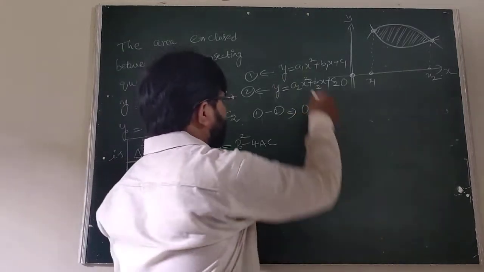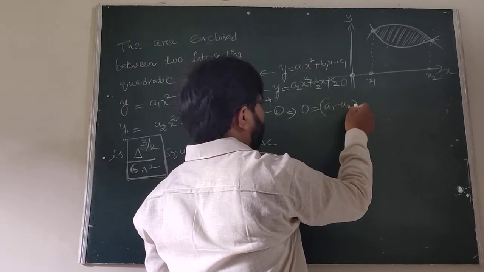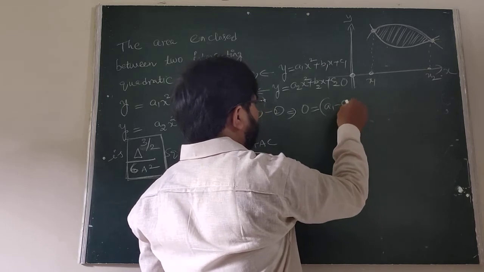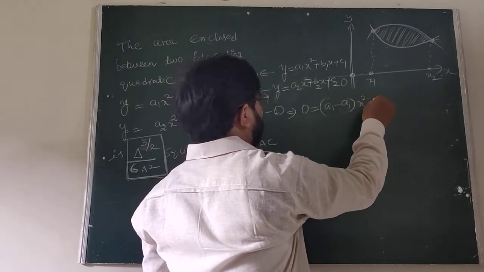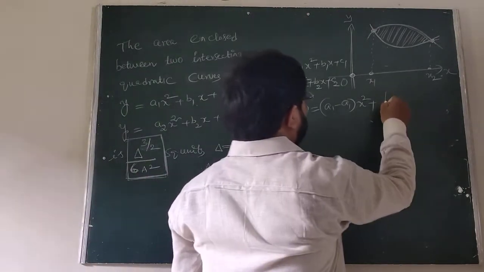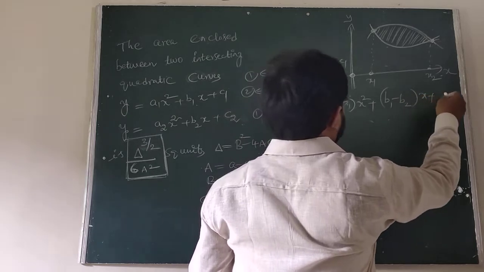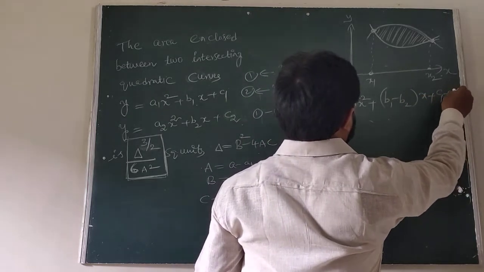Therefore this is a1 minus a2 into x square plus b1 minus b2 into x plus c1 minus c2.